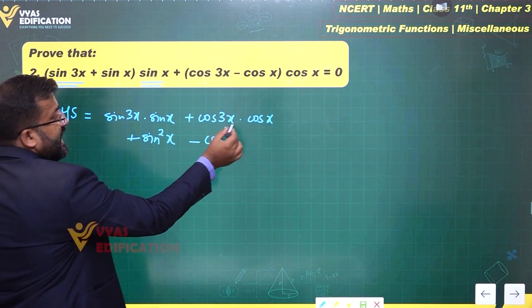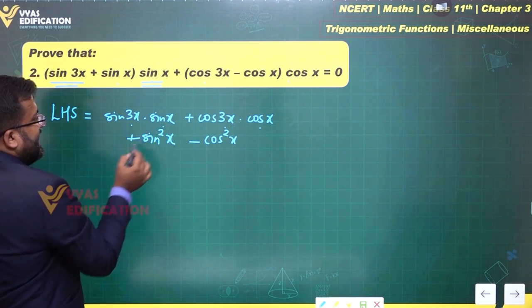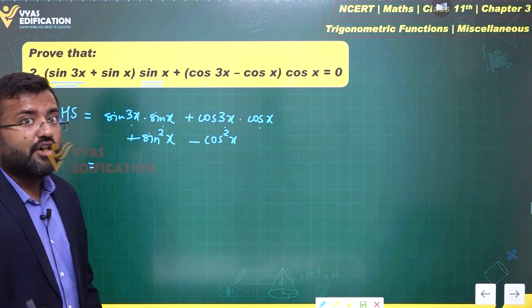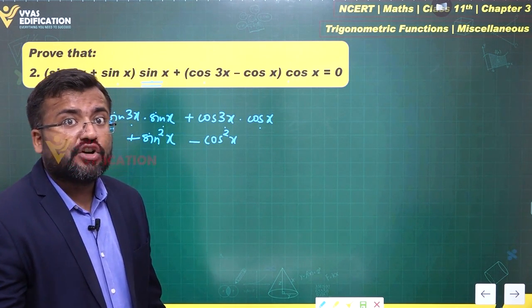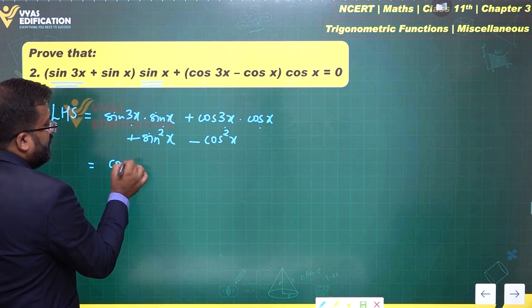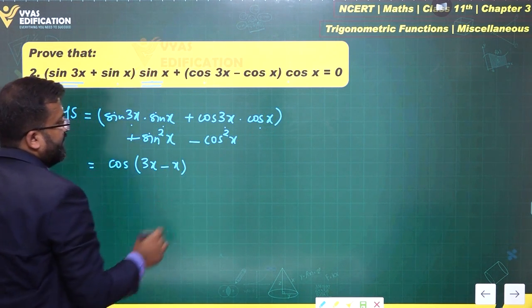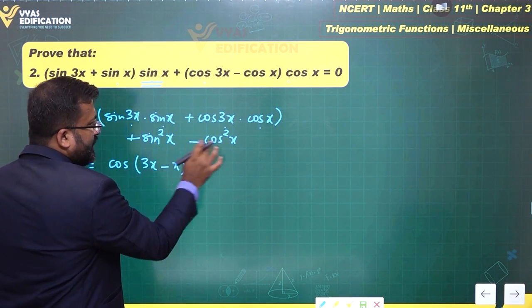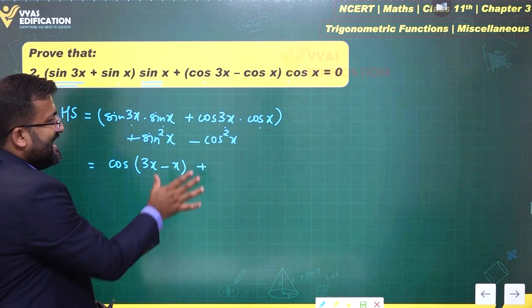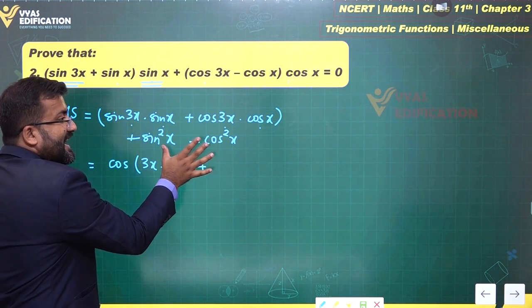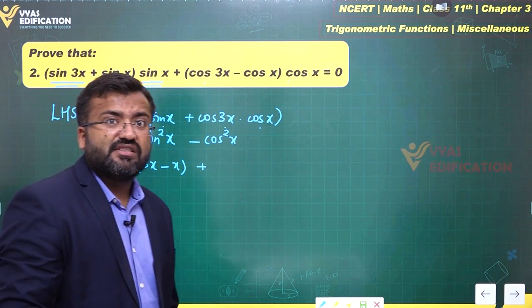Now, cos A cos B plus sin A sin B, what is that equal to? Cos A cos B plus sin A sin B is cos of A minus B. This becomes cos of 3x minus x. This whole can be simplified as this. And this is plus sin square x minus cos square x. Can you see that this is negative of cos square x minus sin square x?